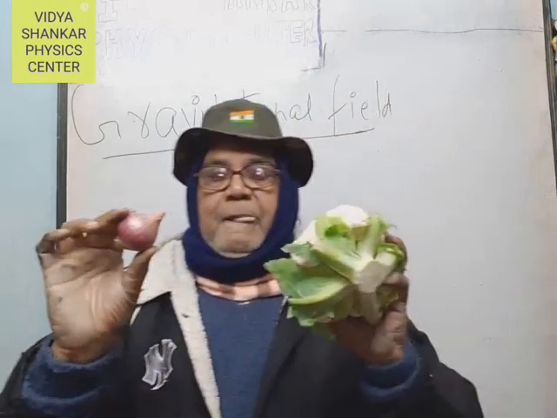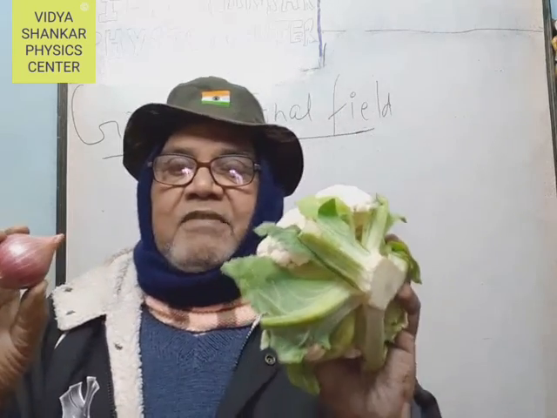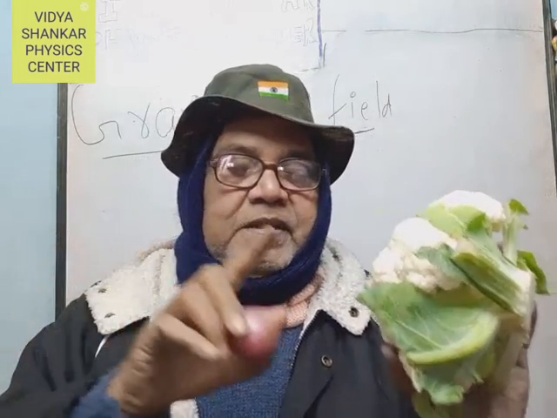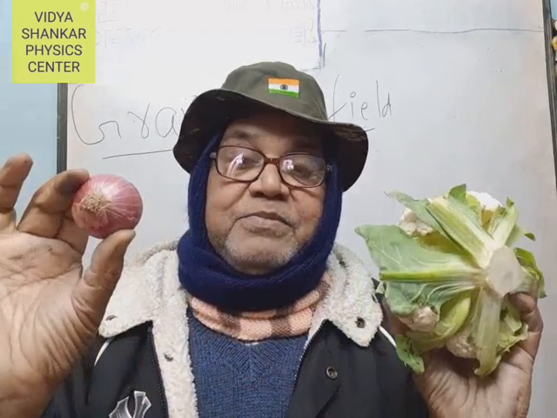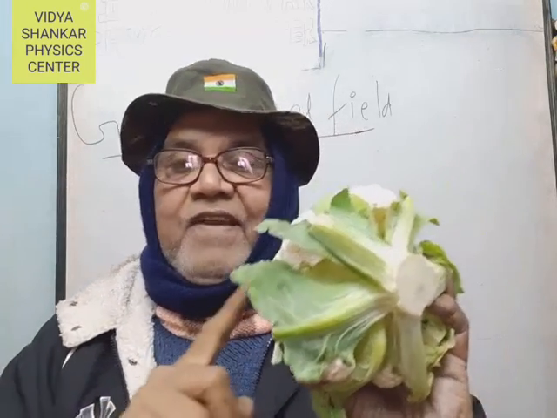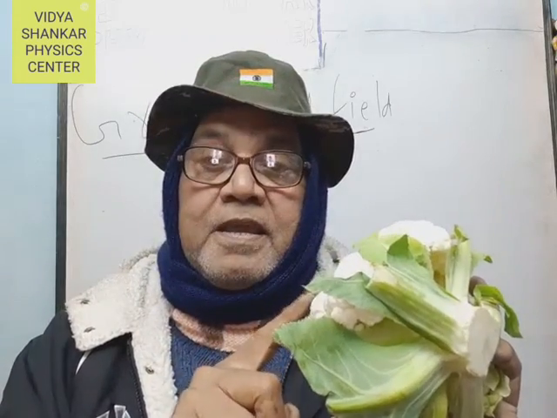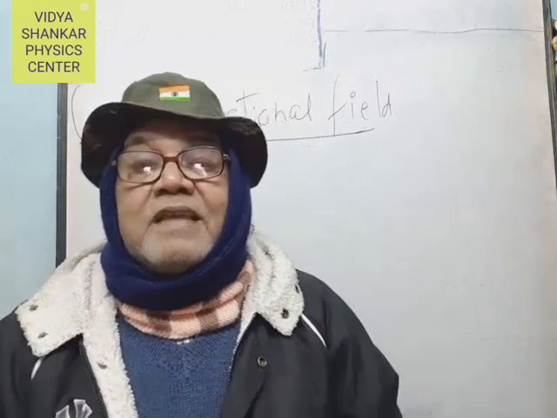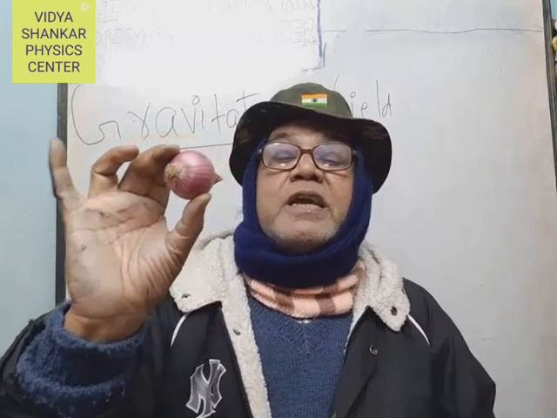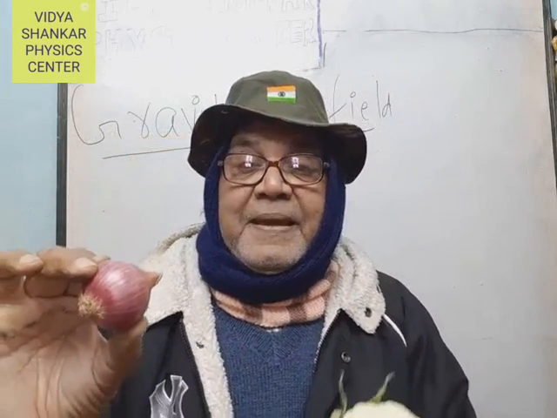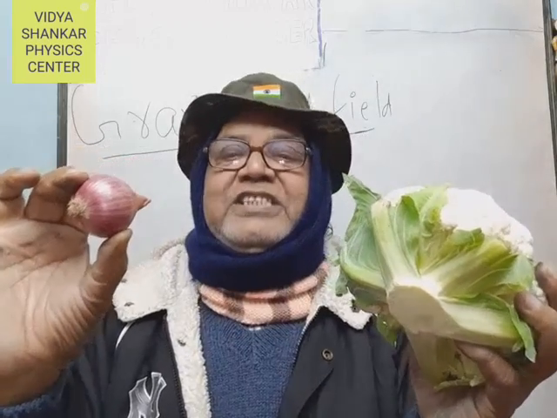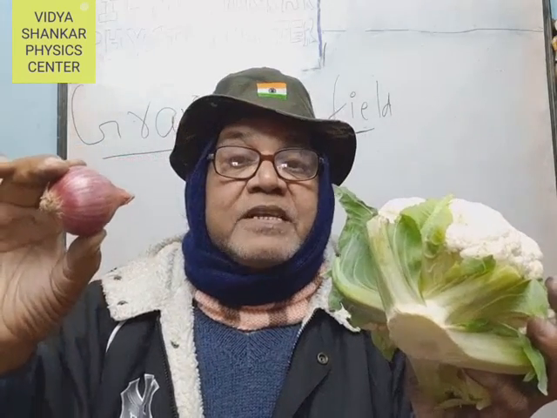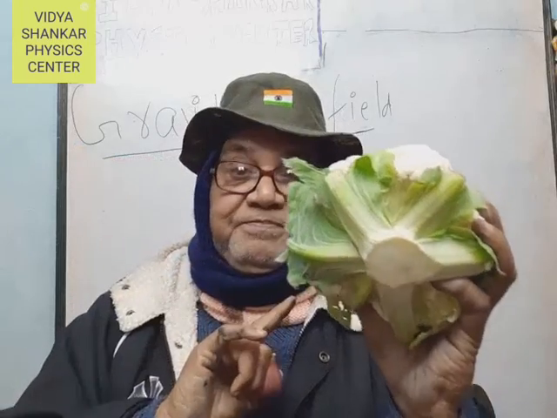Gravitational field. The gravitational field of this body is greater than that of this body. The gravitational field of the big body is greater, and the gravitational field of the small body is smaller. Now you can say a small body is situated in the gravitational field of the big body.